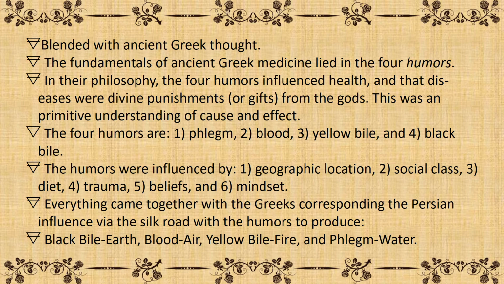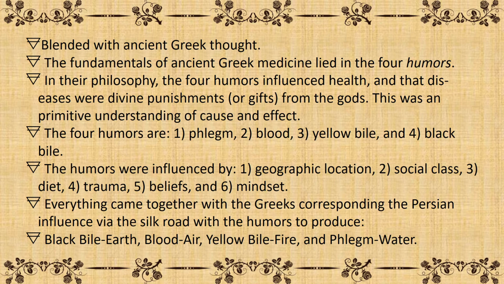On one hand, when it says that the humors were influenced by social class, it is saying that the ancient Greeks understood that the richer you were, the better you ate. So the more your humors were going to be balanced and aligned. That ties into point three as well, diet.